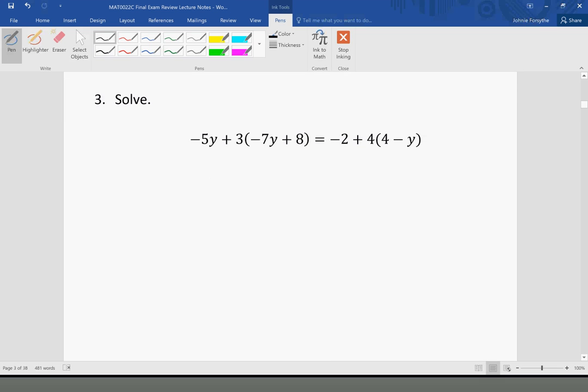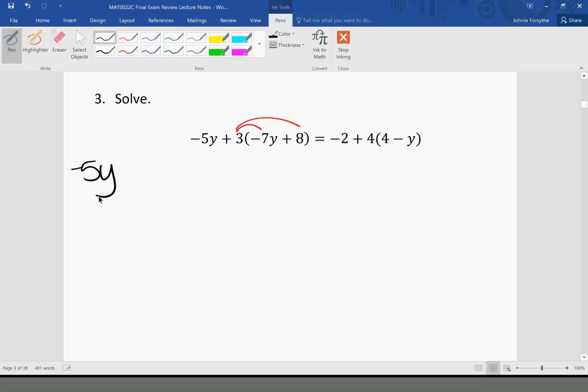Number 3, solve. So we have negative 5y plus 3 times (negative 7y plus 8) equals negative 2 plus 4 times (4 minus y). So I'm going to start by distributing the 3 on the left.